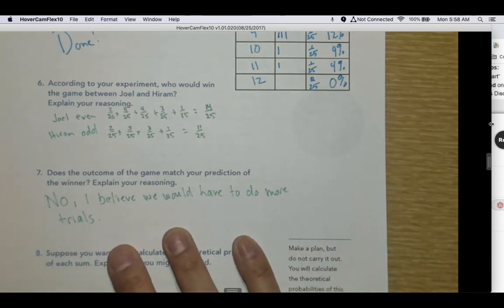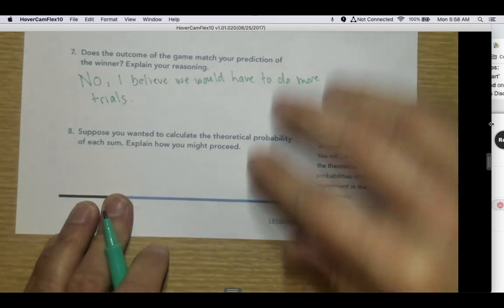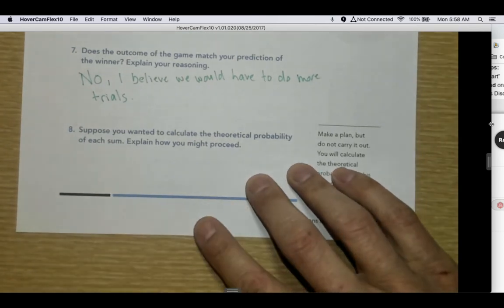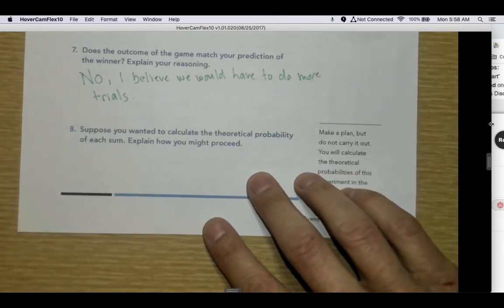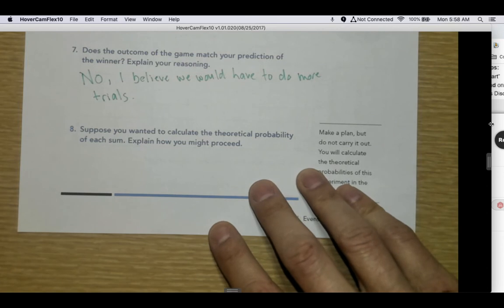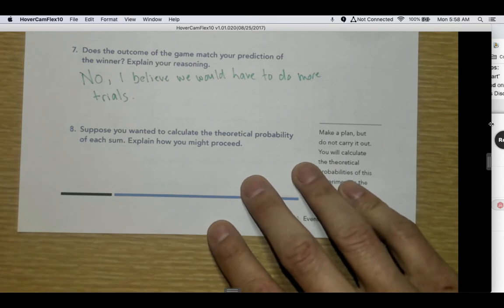Last, suppose you wanted to calculate the theoretical probability of each sum. Explain how you might proceed.